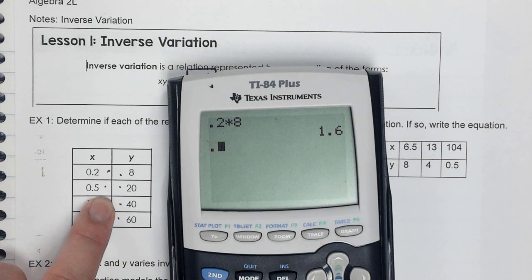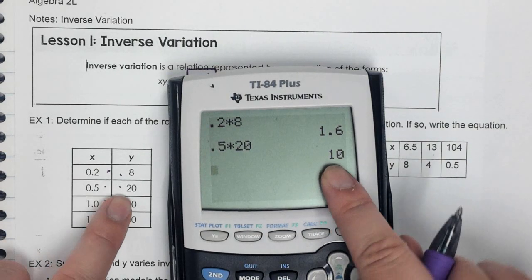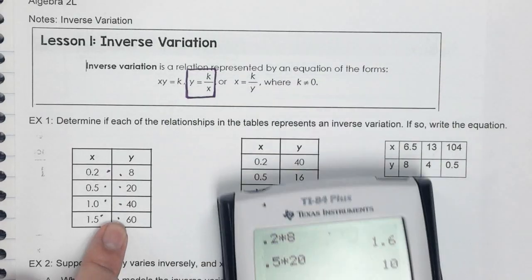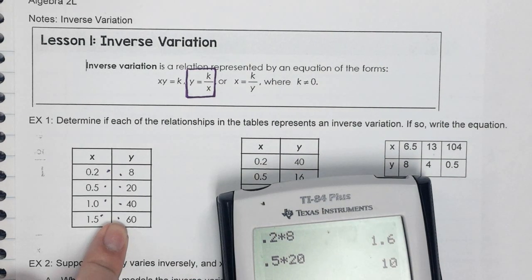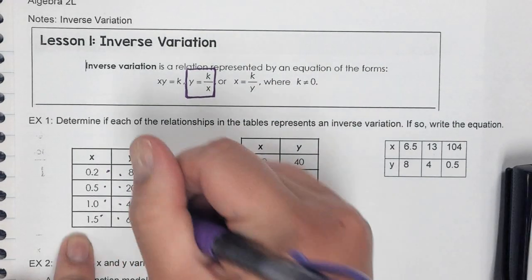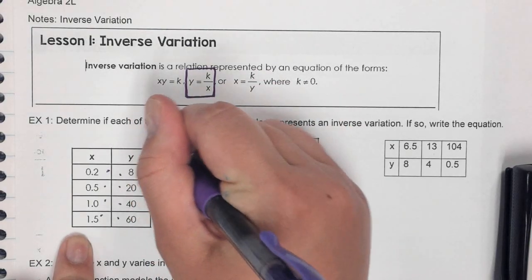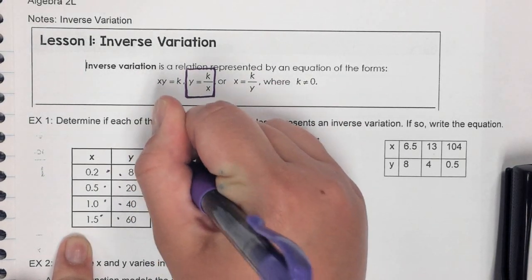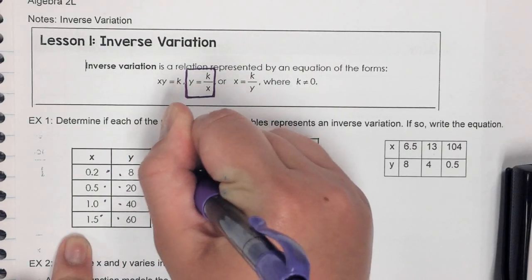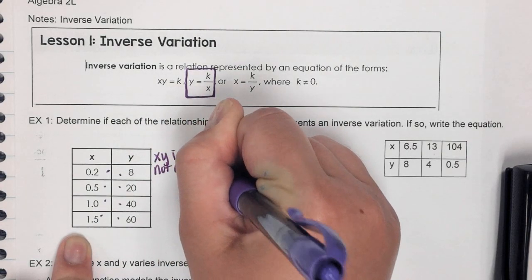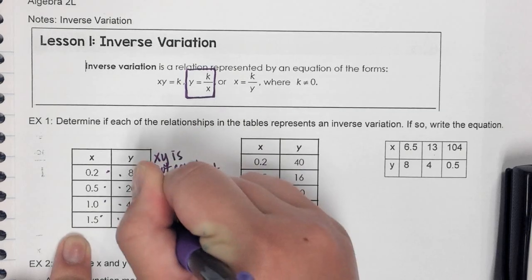And if I multiply 0.5 times 20, I get 10. So what does that mean about this table? This is not inverse variation. So here I would put X times Y is not constant. So this is not inverse variation.